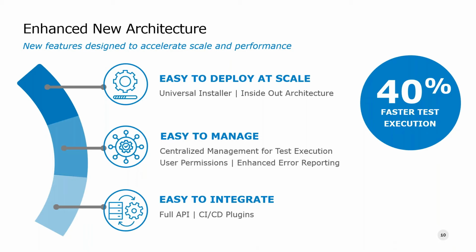Continuous Testing Manager, which I affectionately call CTM, was built API first. Every single thing that can be done within the server can be done via an API call. And you're not just on your own to figure out how to execute a set of APIs. We also build CI/CD plugins for many of the common platforms out there, such as Jenkins and ADO.